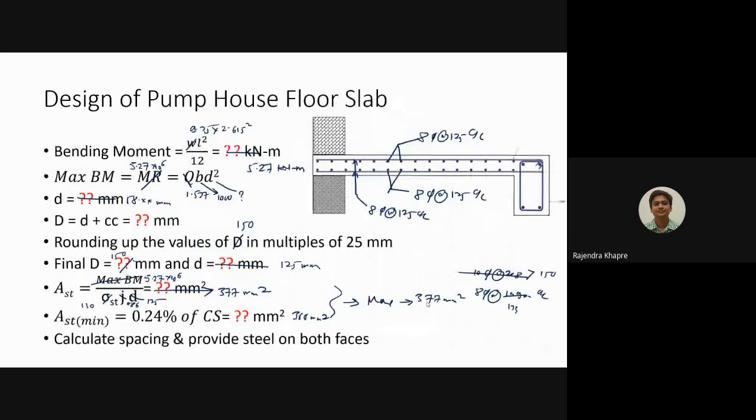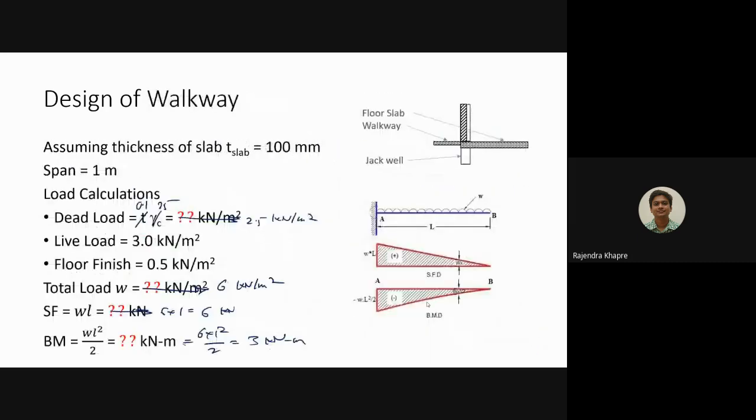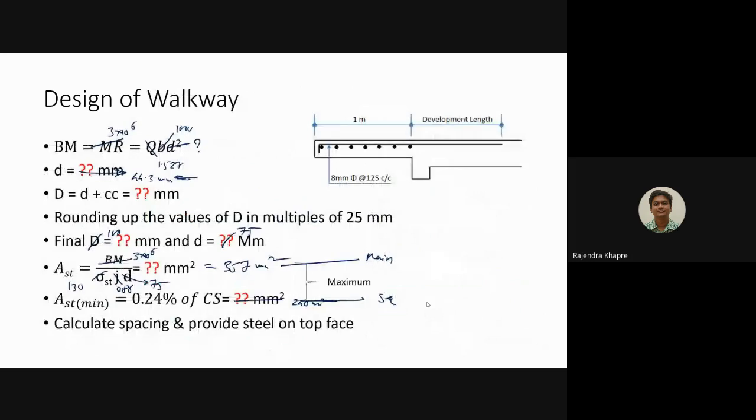If you remember, in the design of slab we have provided the bars at the top, 8 mm dia bars at 125 millimeter center to center. So we can extend the same bars, but whether it is satisfying the AST requirement, that is 357.